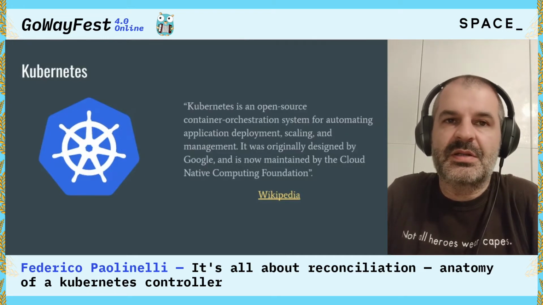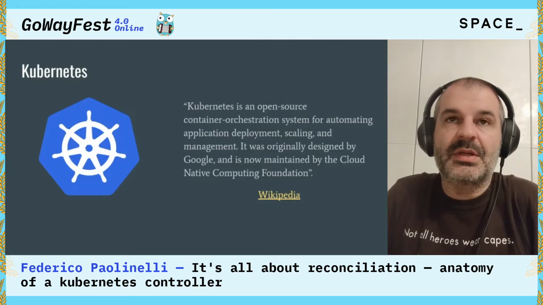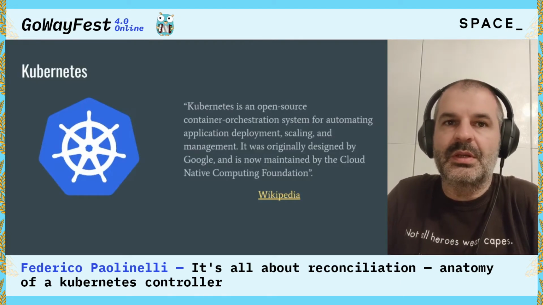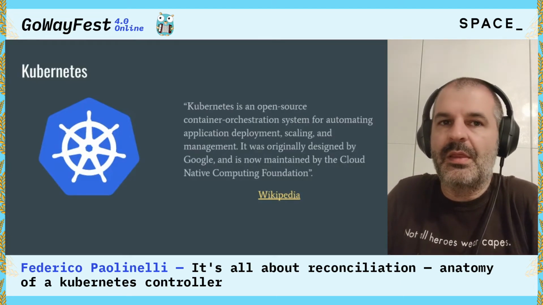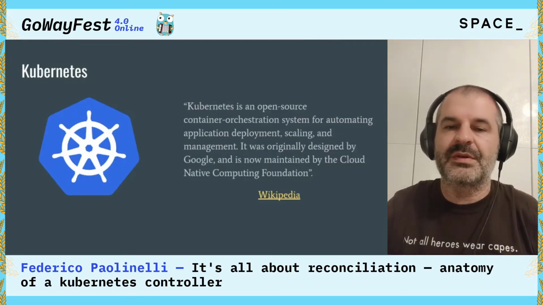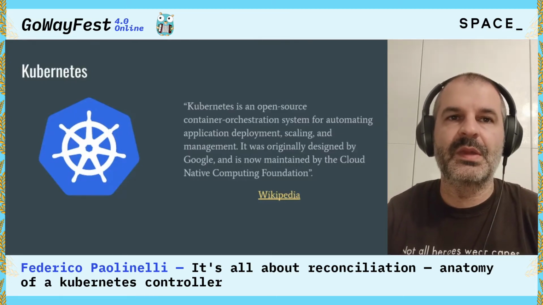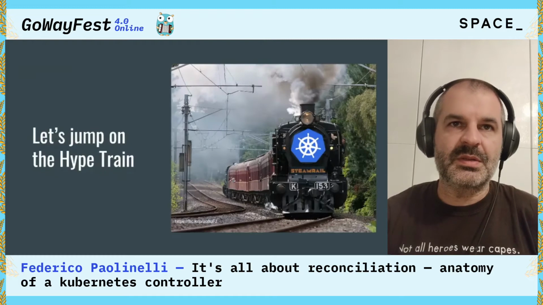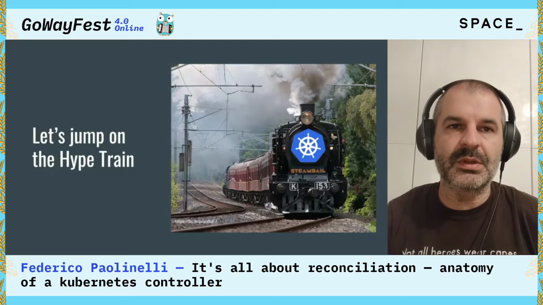It's an orchestration system where you can run your containerized applications and it will make sure they scale, they run, they are healthy, they are spawned across different nodes and this kind of stuff. And Kubernetes is quite popular nowadays. So let's see how it works.